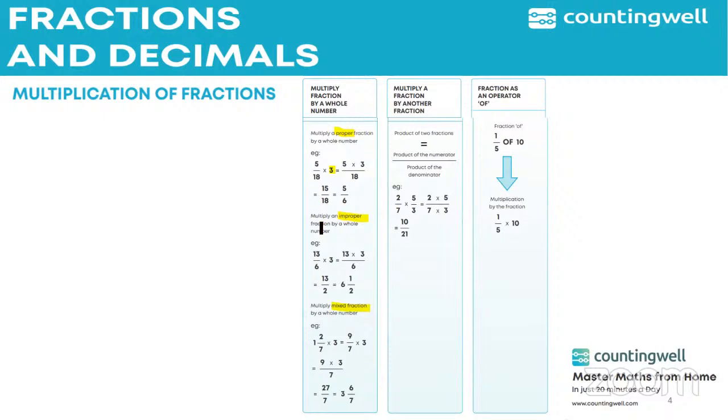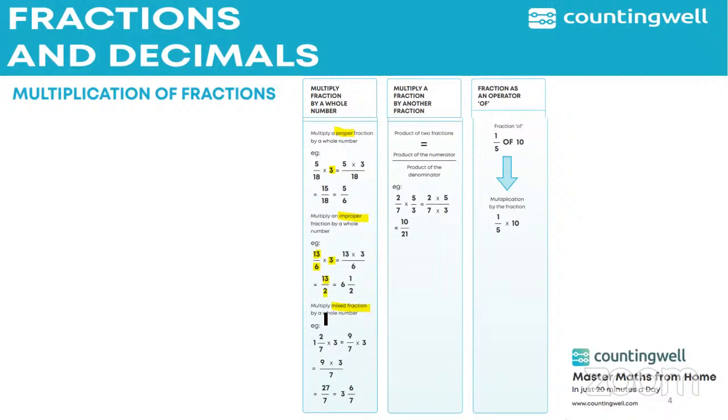Now let us see how to multiply an improper fraction by a whole number. We multiply the numerator by the whole number and we write the denominator as same. Then we write the resulting fraction in its mixed form because we have got an improper fraction.